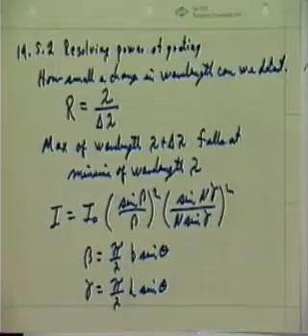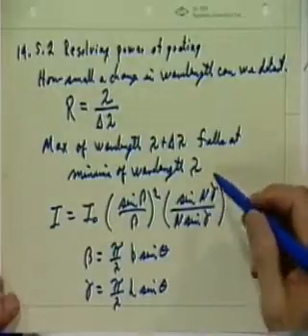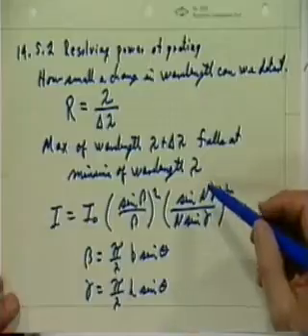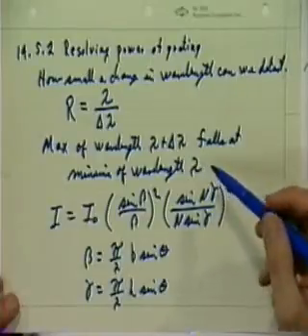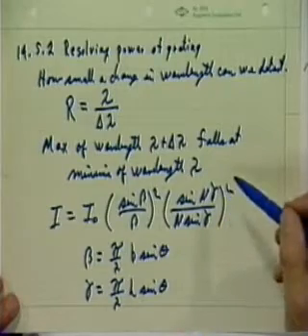Just repeating what we had here. So now what we want to do, we want to look at this sine of n gamma over n sine of gamma, find a location where we have a maxima, and then see how much theta changes when we go from the maxima to the next minima here.